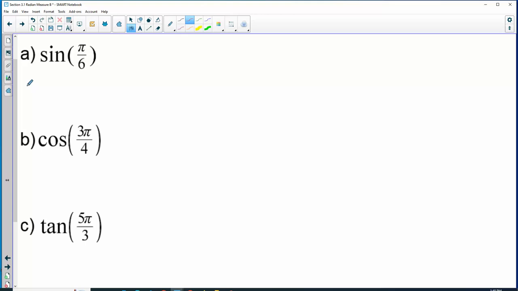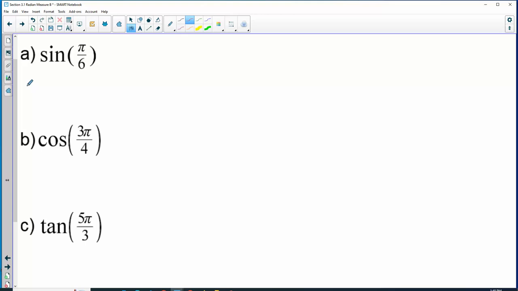When I see sine of pi over 6, pi over 6 is the same as what degree measure? Look at your unit circle. Pi over 6 is what? 30 degrees. Okay, I'm not asking for anything different. It's just a different measure of the angle.